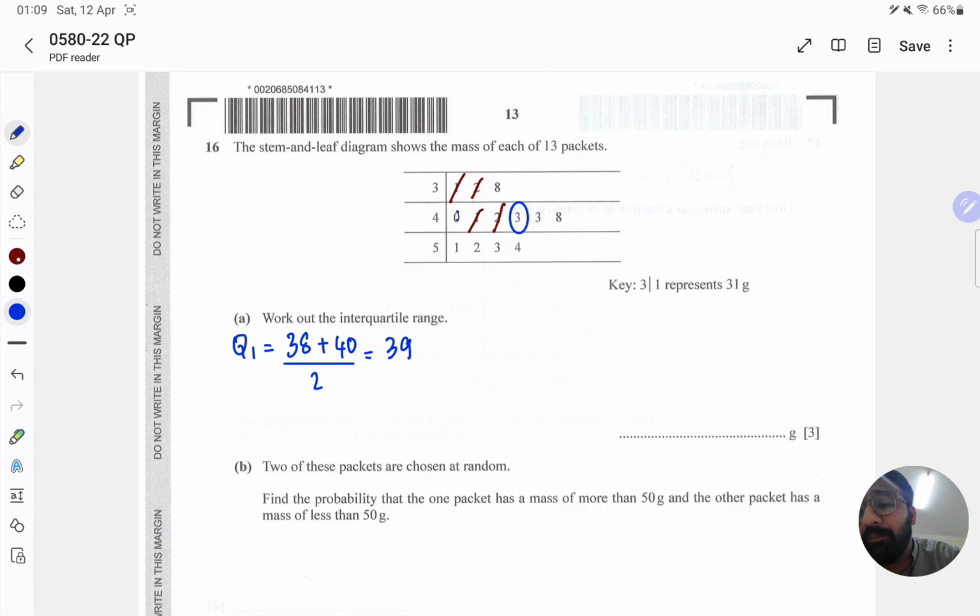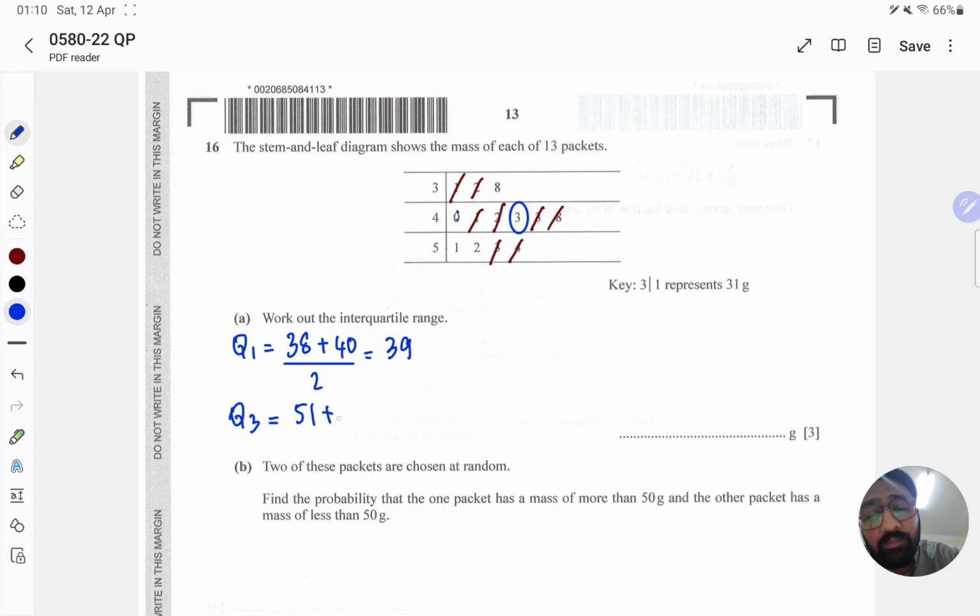Similarly, I'll find out the upper quartile as well. Upper quartile is the middle value between the median and the last value. So I'll repeat the same procedure by cutting the values. I am left with 2 numbers over here as well. I'll find the Q3. Remember again that this is 51 and 52, not just 1 and 2.